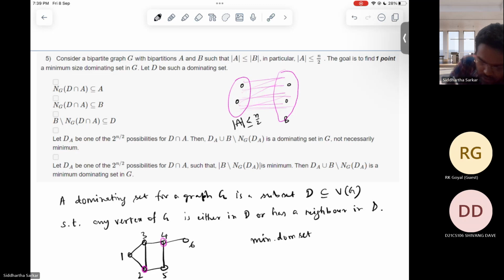So this set is actually a subset of B. Isn't that true?